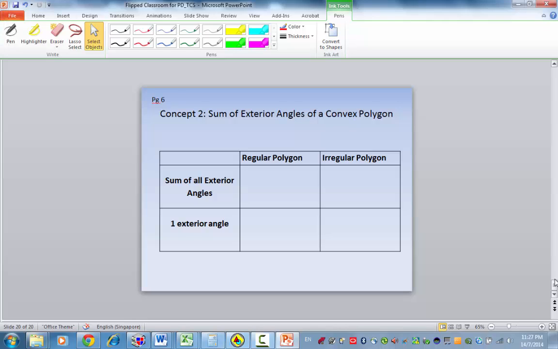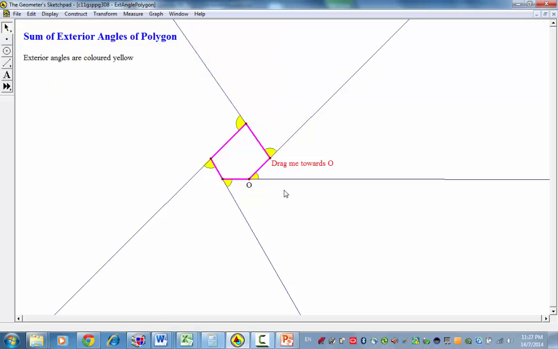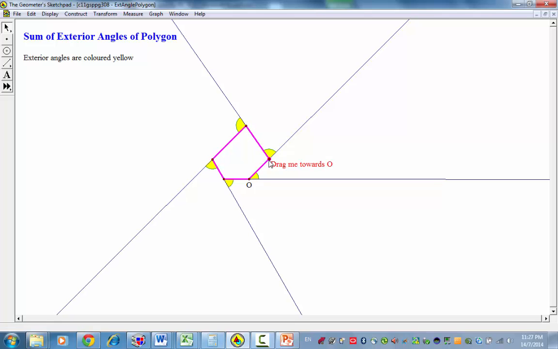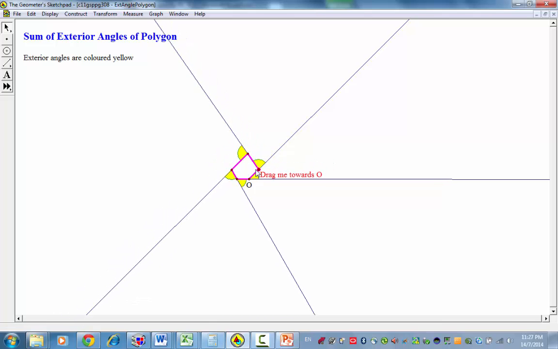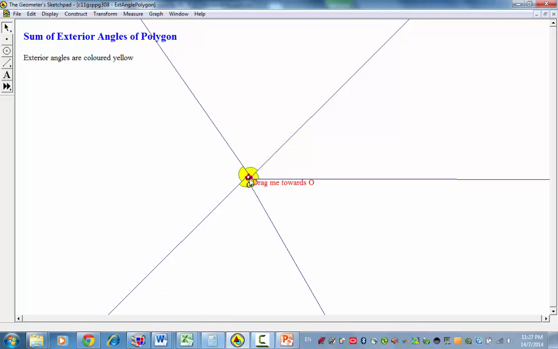Okay, finally we will discuss the sum of the exterior angles of a convex polygon. But first, let's take a look at this simulation. The exterior angles of this polygon have already been highlighted in yellow. Now, look closely as I drag all the points. What do you notice?